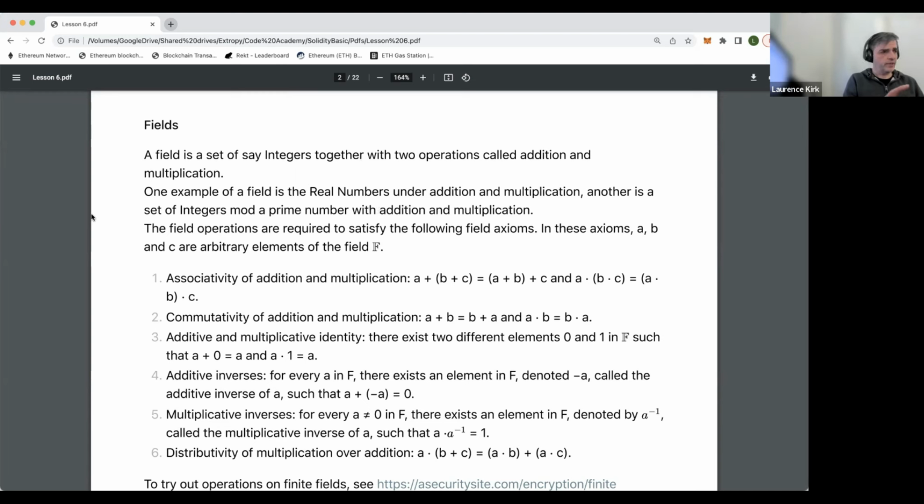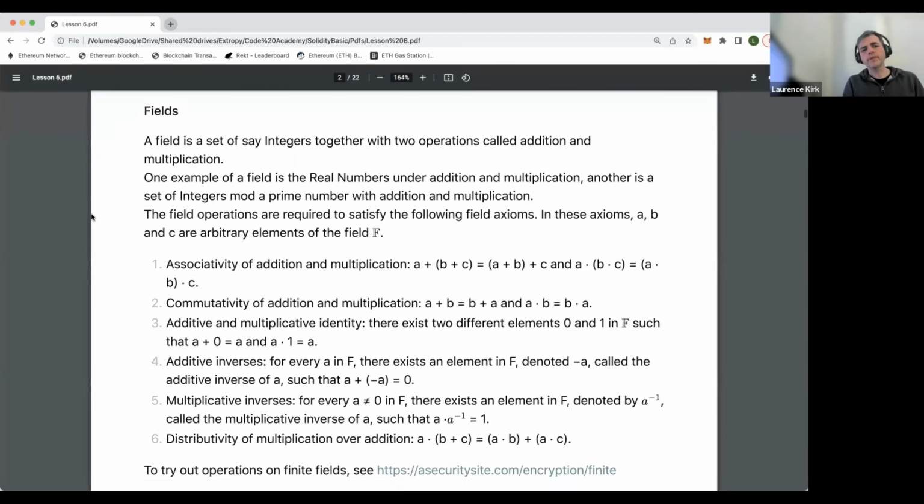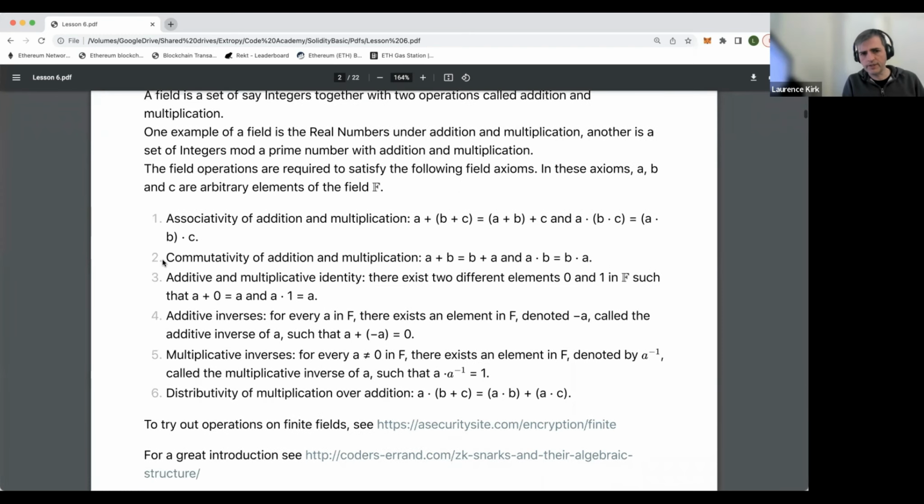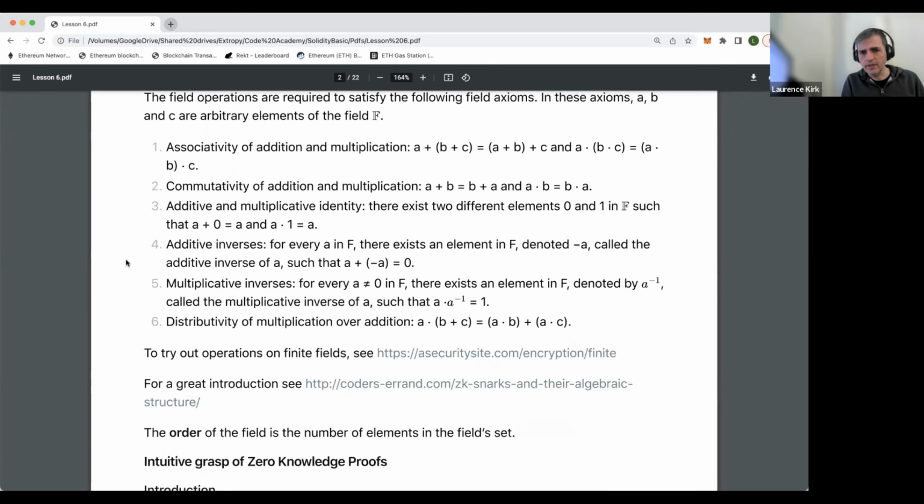If we set it up like this and we choose the prime number in the correct way, we find that there are certain properties that we get. And if the elements and what we're doing follow these properties, then we can say this is a field. I've just listed out the properties here. You don't really need to think much about them. They are fairly standard things to do with arithmetic, but you will come across this notation, this idea of a field, when you're doing cryptography, and it's worthwhile knowing what this means.